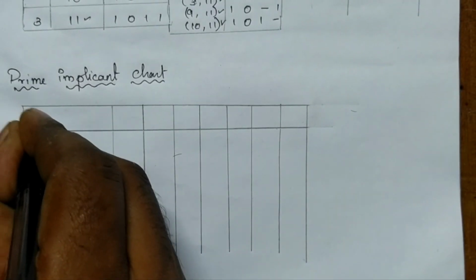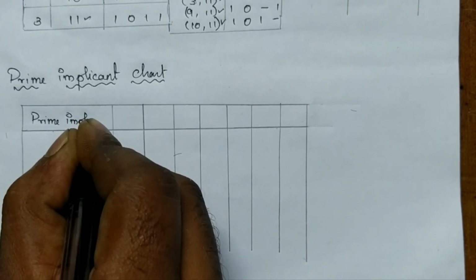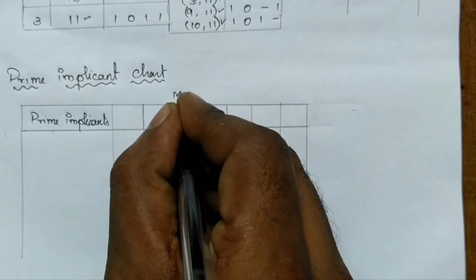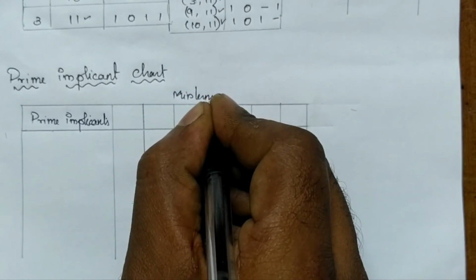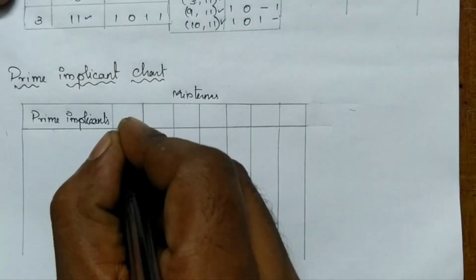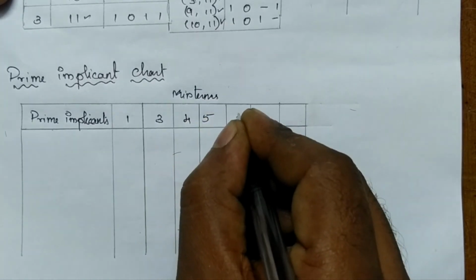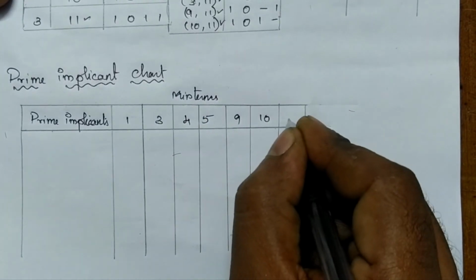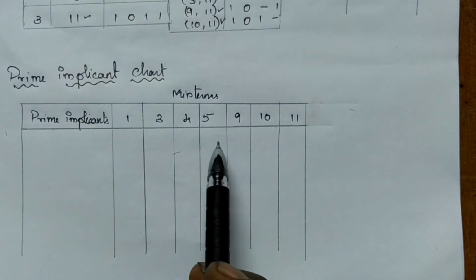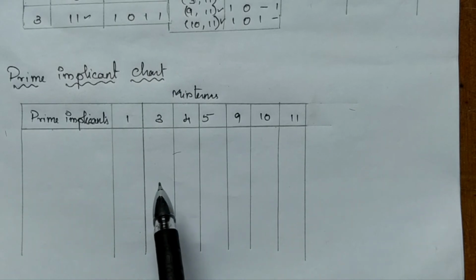Here prime implicants, here minterms. The given minterms are 1, 3, 4, 5, 9, 10 and 11. We have never included the don't care terms 6 and 8 in the prime implicant chart.